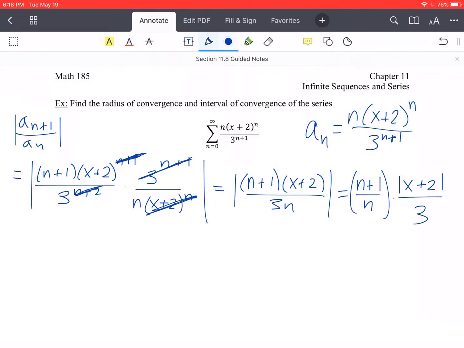The n plus 1 over n, you can split that up, so that's just going to be 1 plus 1 over n, times the absolute value of x plus 2 over 3. As n goes towards infinity, that goes to 0, so this whole thing heads to 1, so it ends up not impacting.